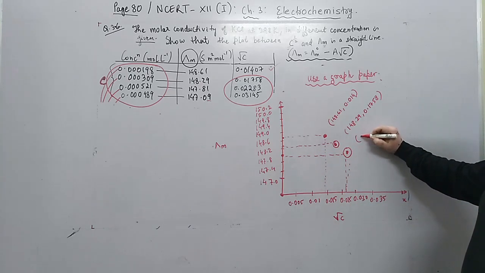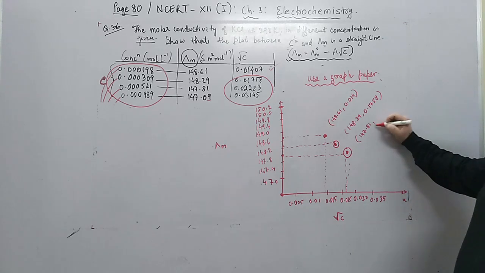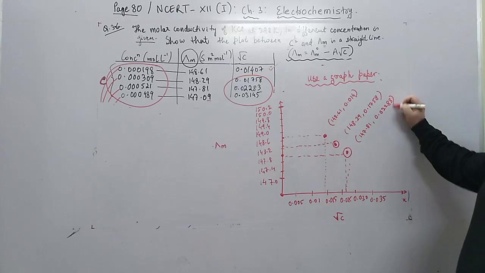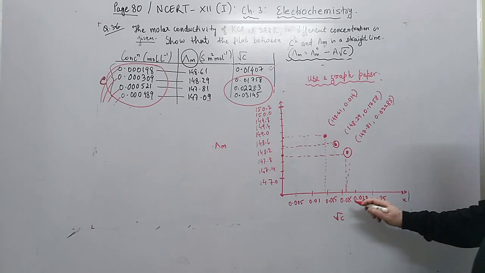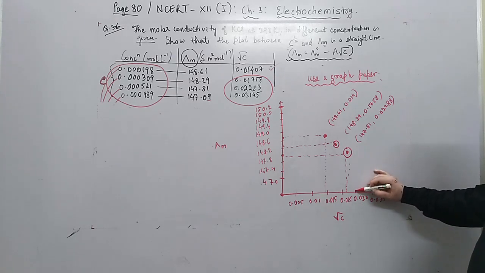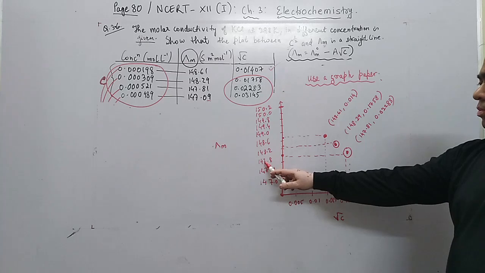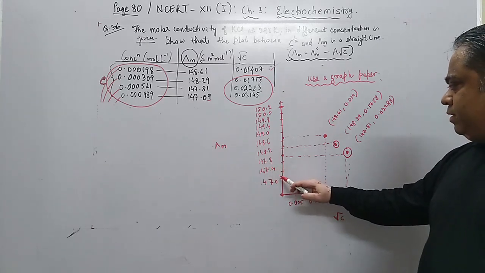So this value comes out to be 147.81 and 0.02283. Again, 0.030 this value and 147.09. 147.09 will be lower than this, somewhere here.